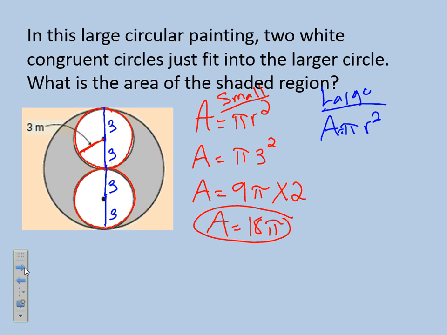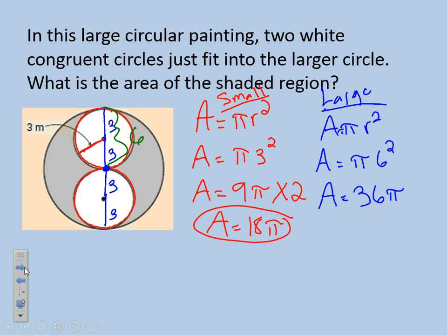Well, if you look where the two circles meet, that is the center of my large circle. So my diameter is from here to here, so my radius is from there to there, so that's 6. So when I go to plug it into my area formula, I'm going to have area equals pi 6 squared. So the area of my large circle is 36 pi.